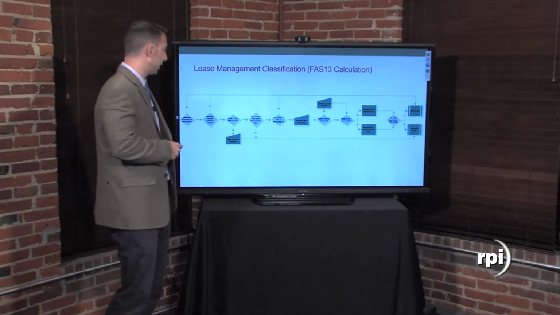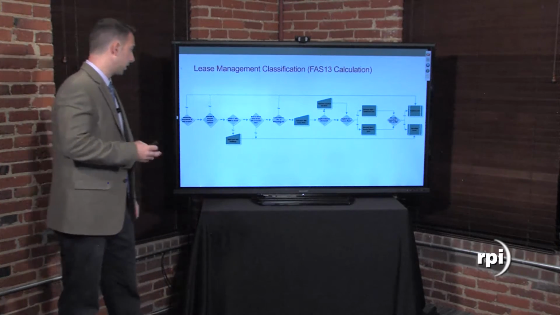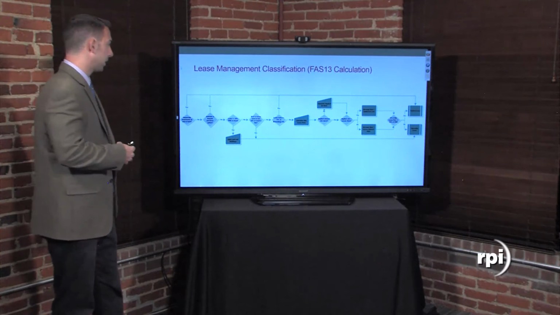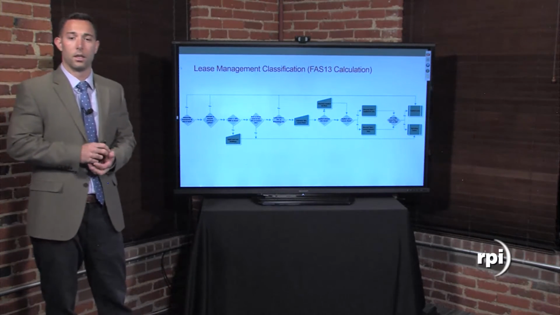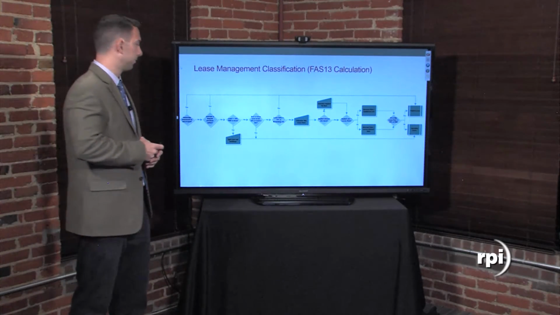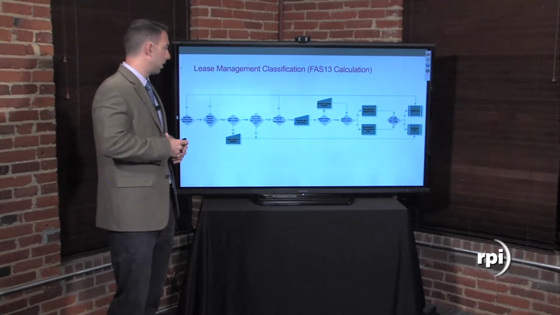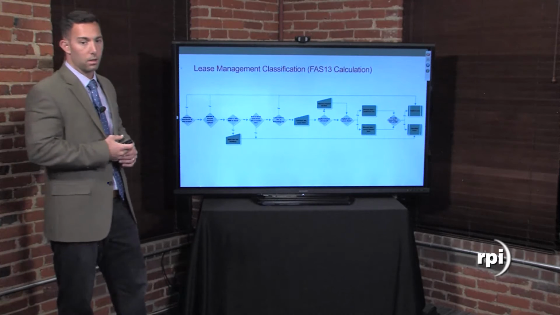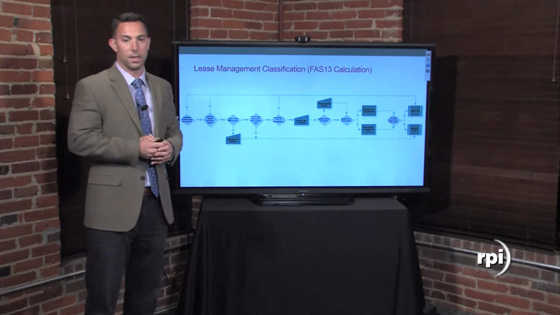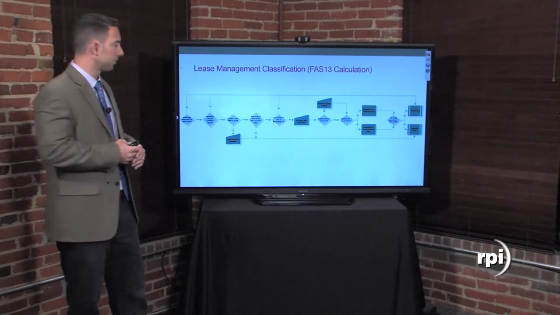And if the start of the lease term is in the last 25% of the asset's life, if the answer to that is yes, that's going to make it an operating lease too. If the lease term is greater than or equal to 75% of the remaining life, that automatically categorizes it as a capital lease.